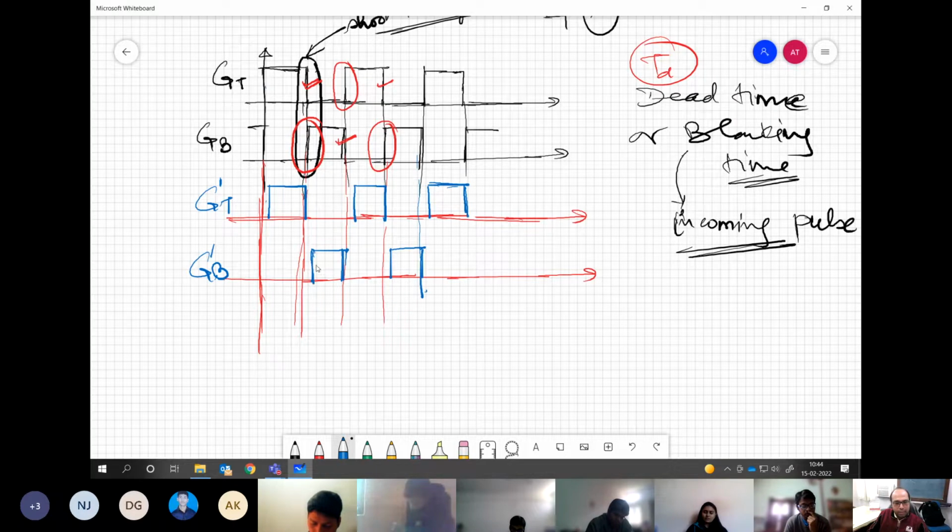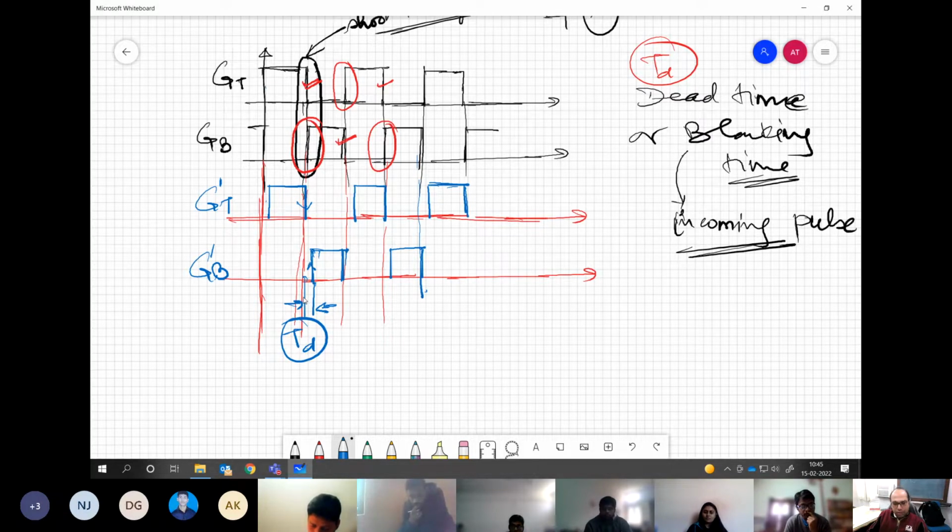So there is a certain gap between the falling edge and the rising edge of the next pulse. This delay I am talking about is called blanking time or dead time. This we are giving intentionally. This is nothing to do with how the device is responding. We are creating this dead time in our system. So this gate pulse is applied only after a certain delay. Understand the point?